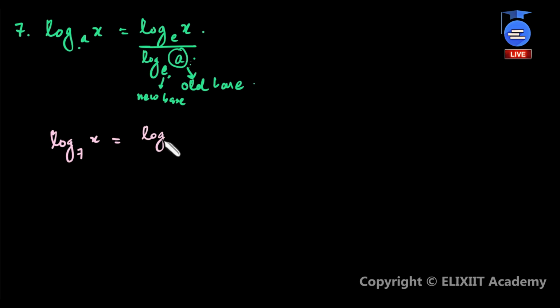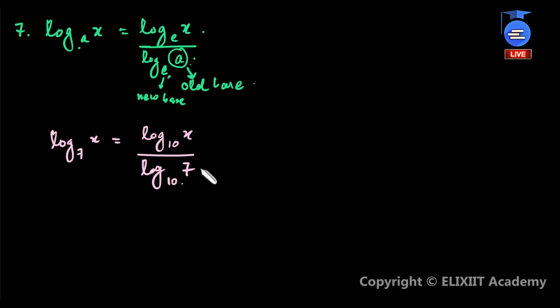Write this as log x. What is the new base? The new base is 10, because you are changing to base 10, divided by log of the old base 7, base 10.